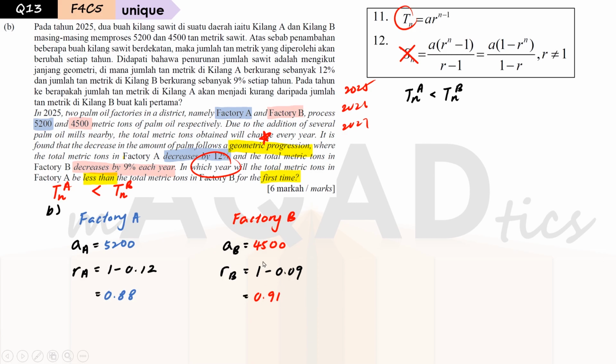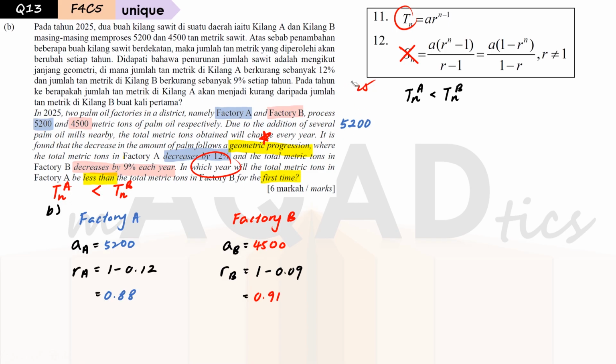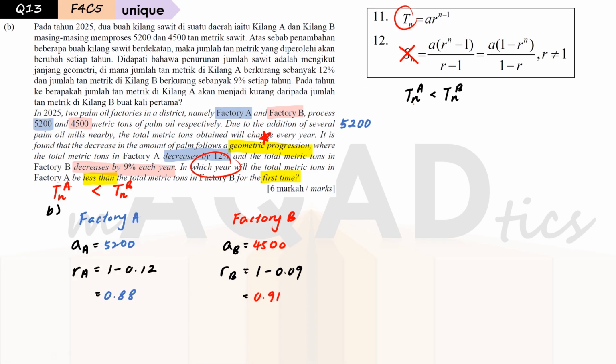So now we just need to find in which year this pattern starts, where factory A is less than B. Let's use our information here and substitute into this inequality. Oh sorry, let me remove this a bit. For A, we are going to substitute according to the formula here.